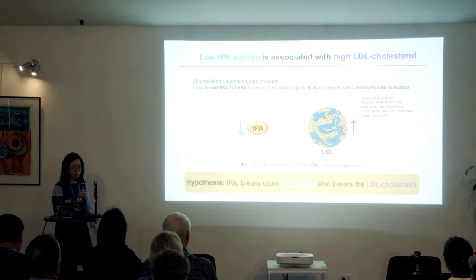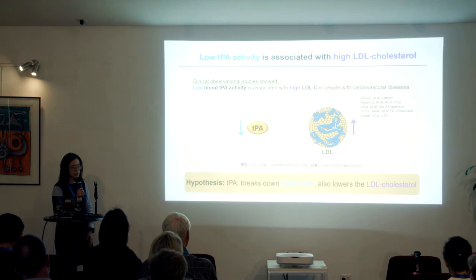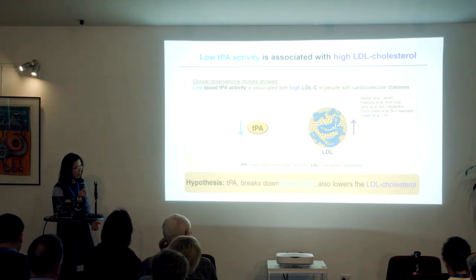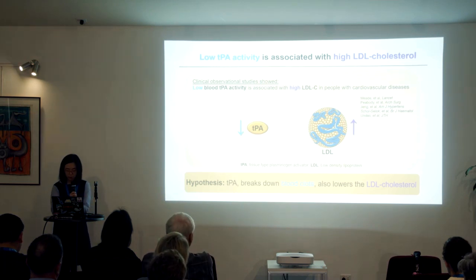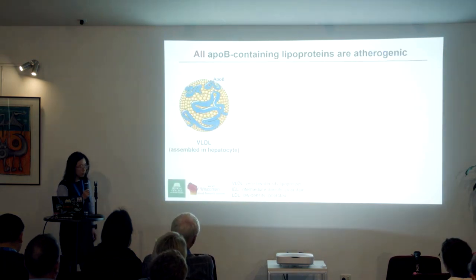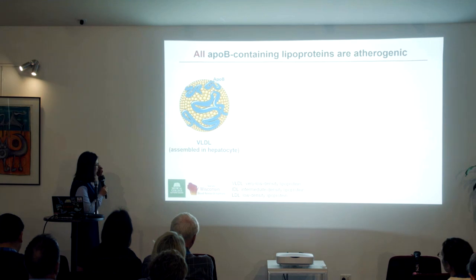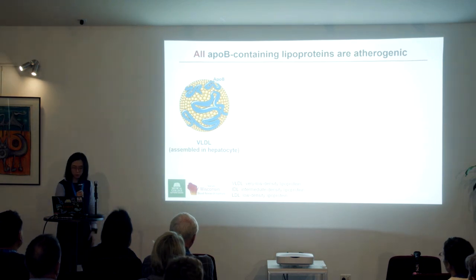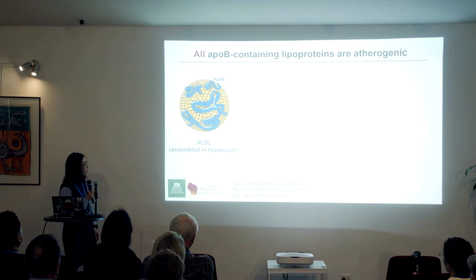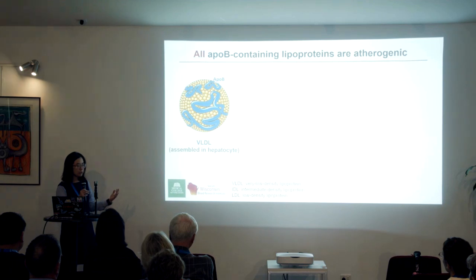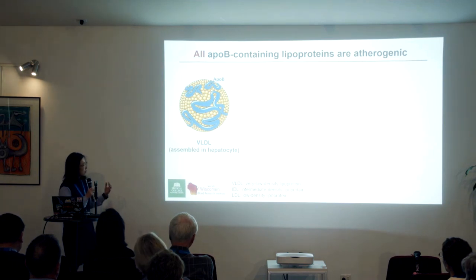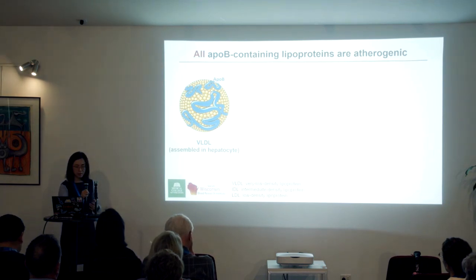So our question is whether TPA, in addition to its known function of breaking down the blood clot, can actually lower LDL cholesterol levels. Before I talk about our study, I want to briefly introduce the concept of lipoprotein assembly. VLDL is the largest ApoB100-containing lipoprotein, and is only assembled in the hepatocyte.